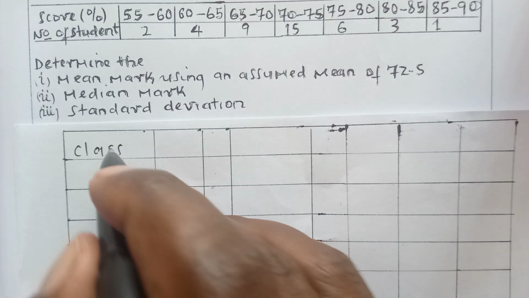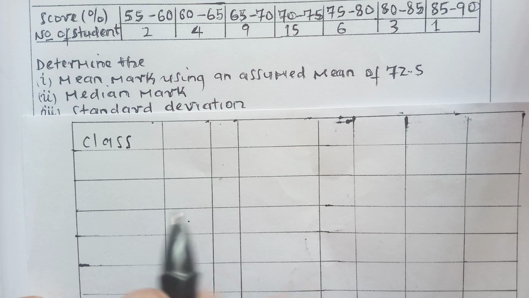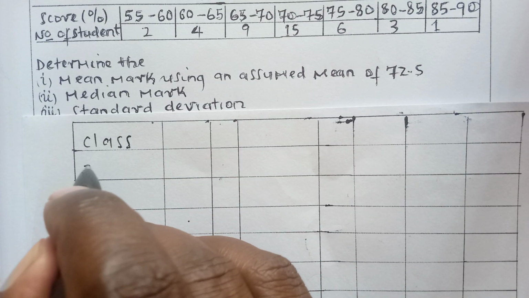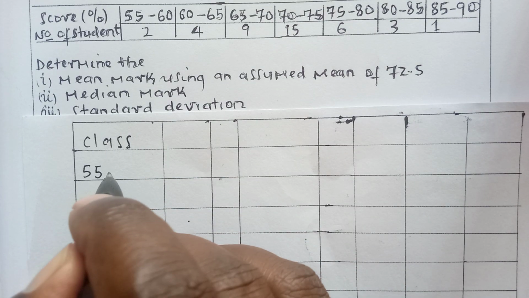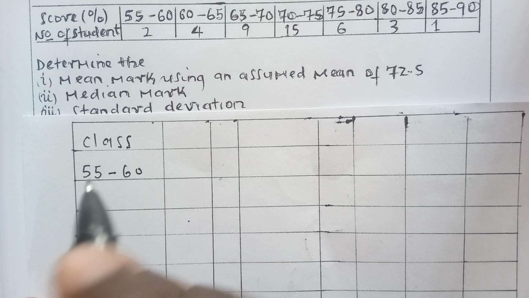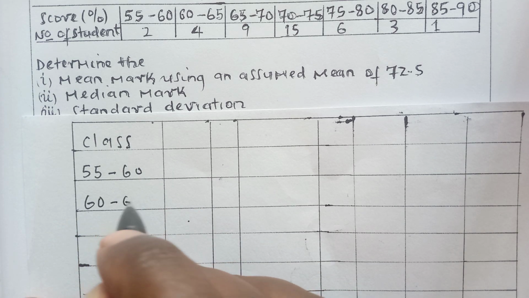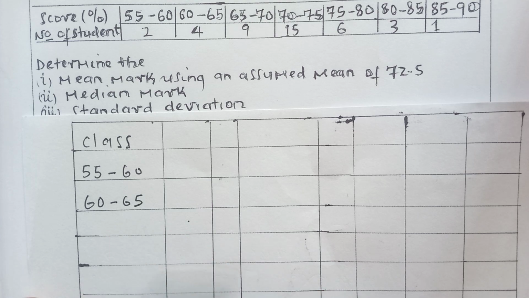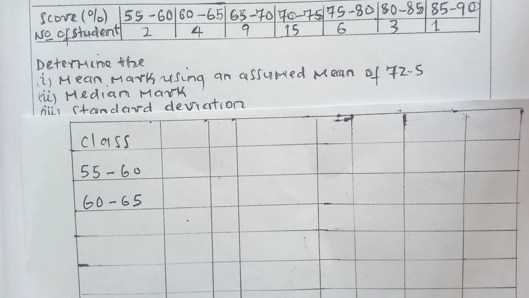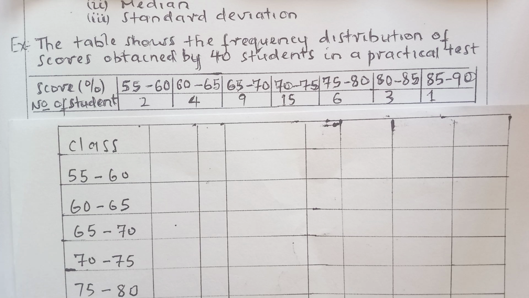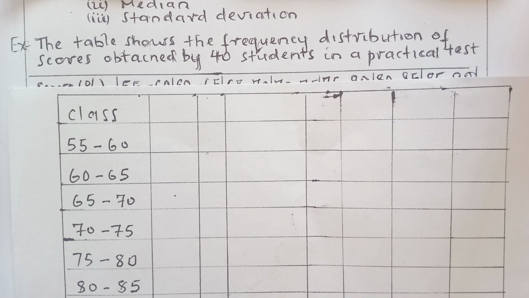For the classes, we have 55 to 60, 60 to 65, and so on. Let me just do it offline so that we can save time. So guys, I have drawn the classes, and as you can see, they are supposed to be like that.